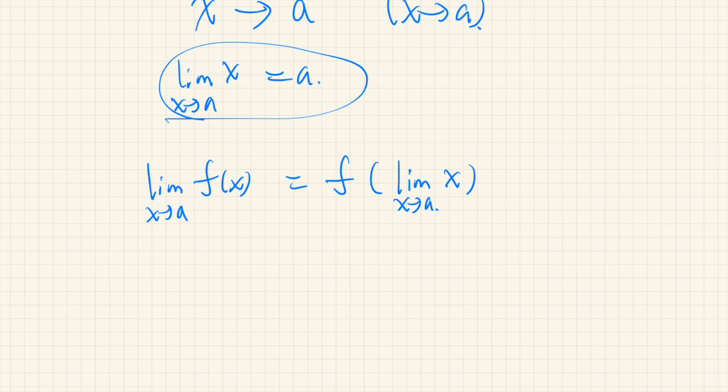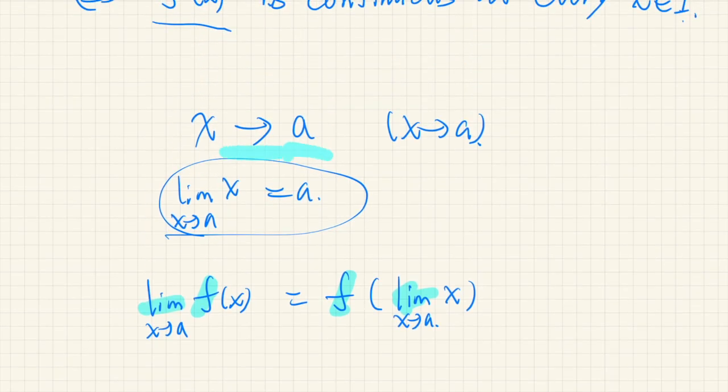So that means this limiting operation and the application of function f are commutative, so they can be swapped if the function is continuous at this point.